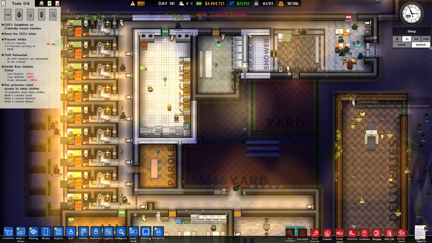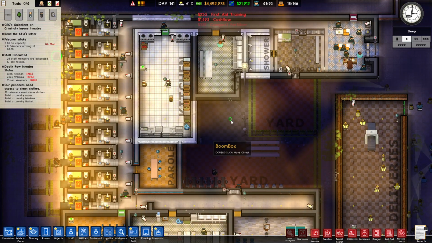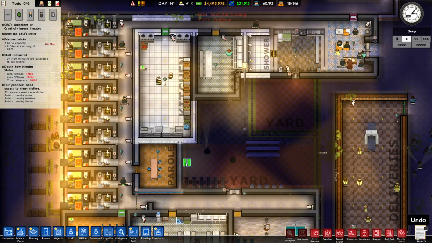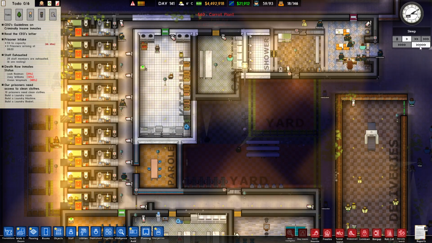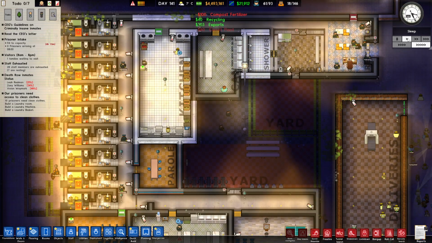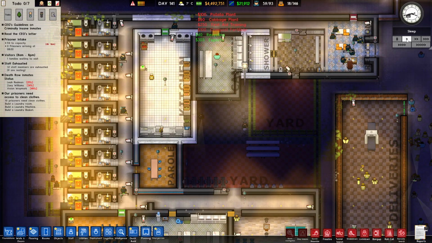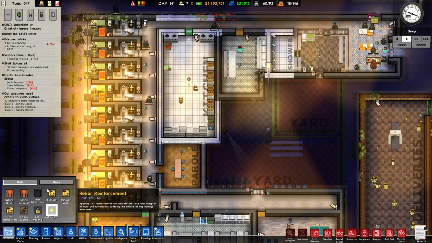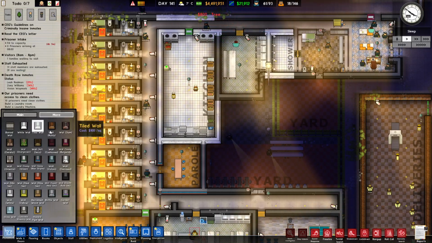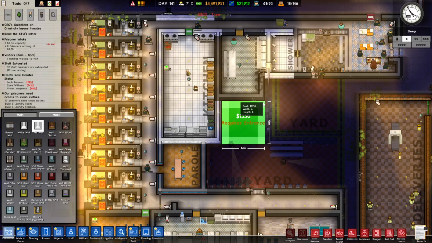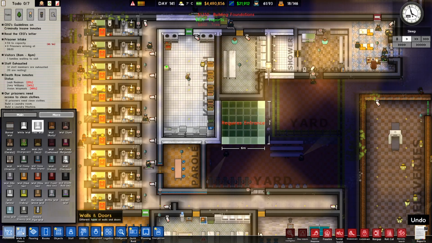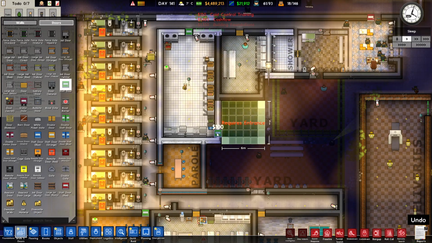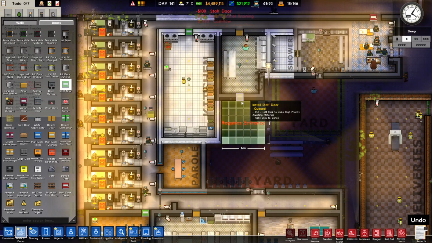I might have to build a dedicated laundry here. I'll build it here. That'd be the yard. It's not being used. Move that there in the corner. And then we'll just build a small laundry here. Foundations rustic, get the right one. Tiled wall. Staff door. Let them go there.